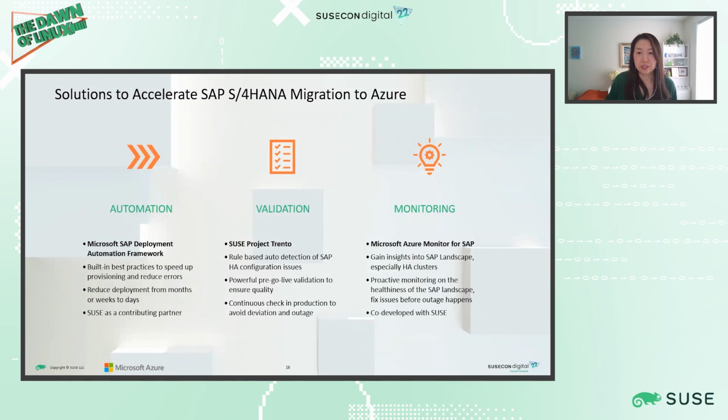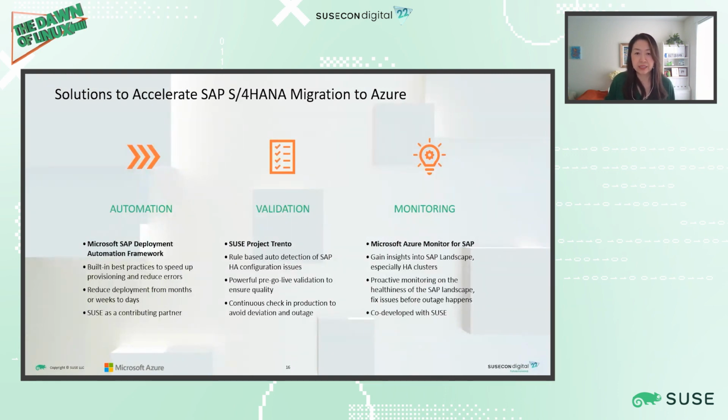And it's based on SUSE's best practice to speed up the provisioning and also reduce errors, especially human errors. It can reduce deployment time from weeks or months to days or even hours. And SUSE is a contributing partner to this project.